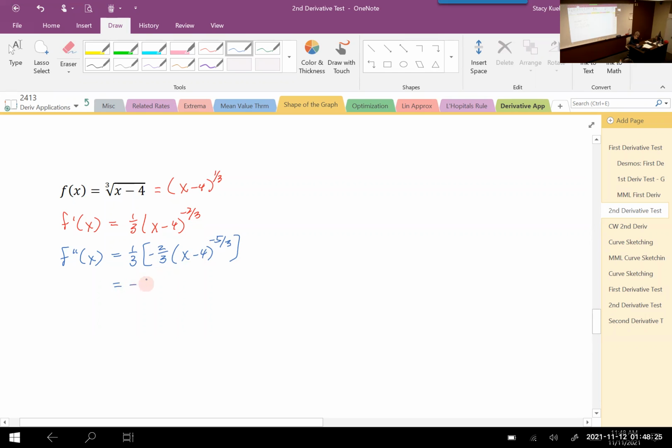So I would have negative 2/9 times (x minus 4) to the negative 5/3. Or negative 2 over 9 times (x minus 4) to the positive 5/3 in the denominator.